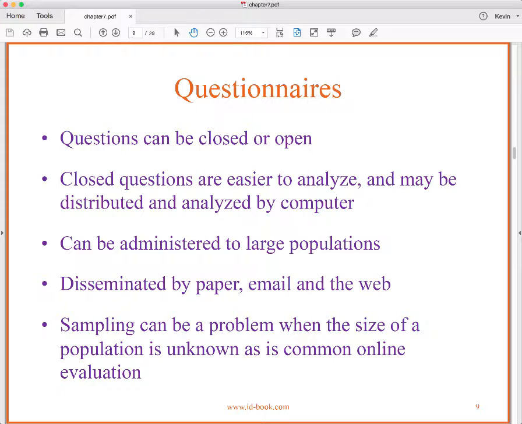Sampling can be a problem when the size of a population is not known, as in a common online evaluation. And this gets us back to the whole issue that's, I think, discussed reasonably well in the beginning of the chapter of are we trying to take a scientific random sample, or are we trying to take a convenient sample?